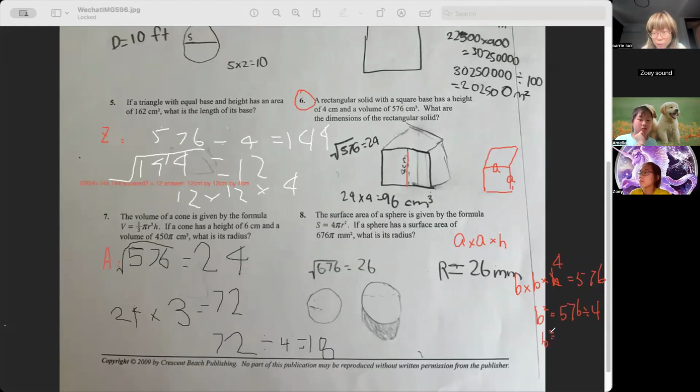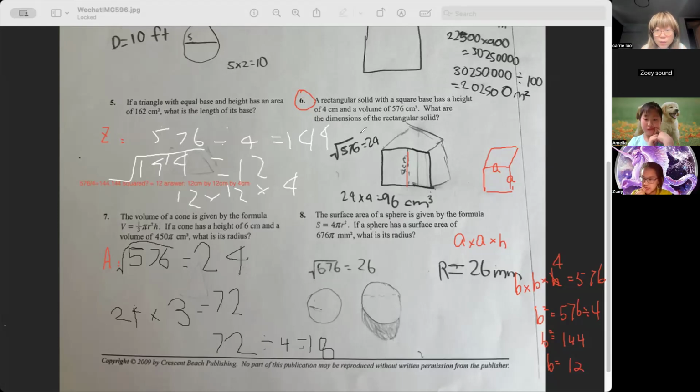So base squared equals what? 144. So base equals what? Base equals 12. Get it? Okay.